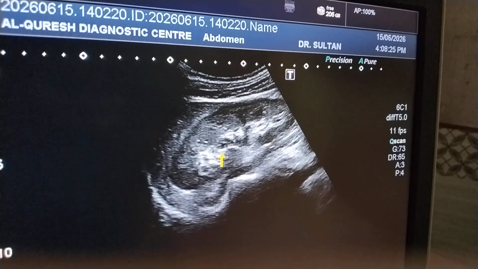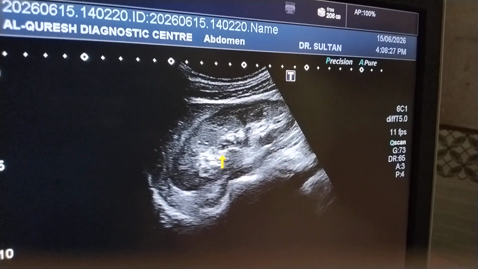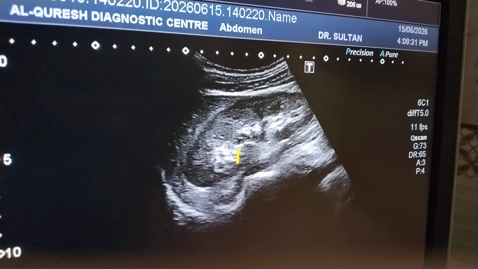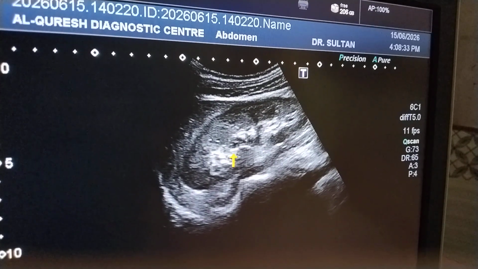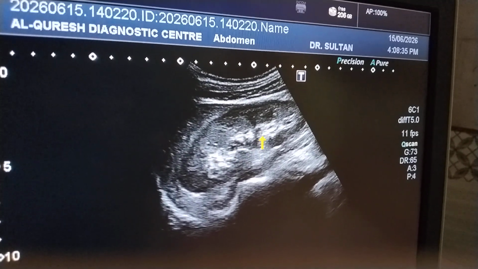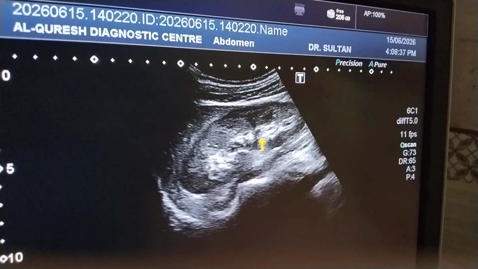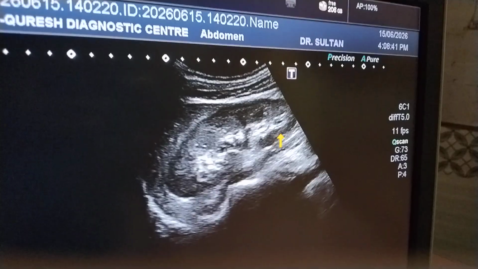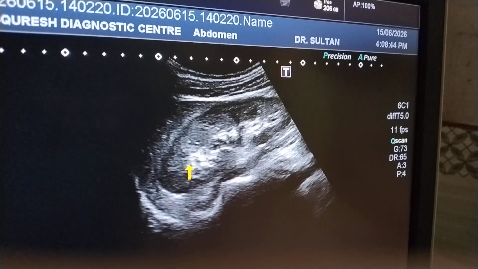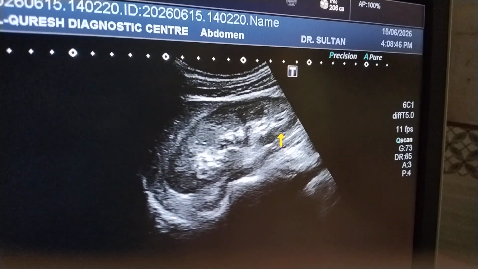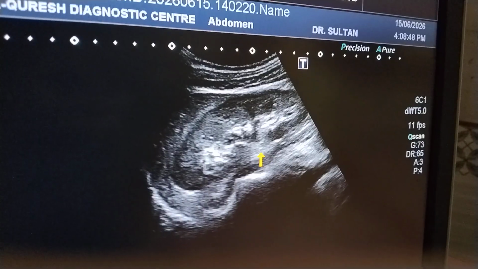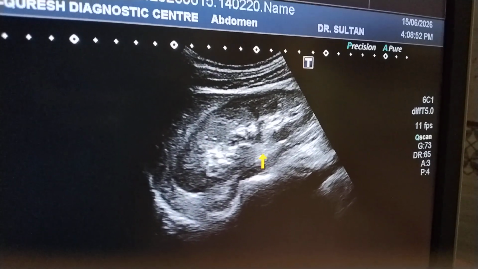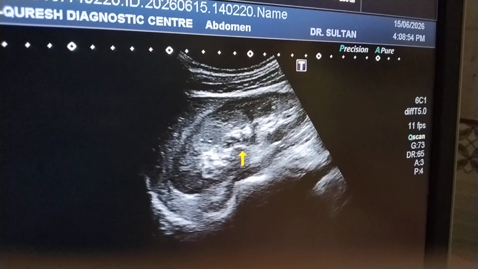So when mild overhydration is there, when the patient is more hydrated and prominence has come in the calyces, some urine has collected, then we can appreciate the collecting system, upper, mid, and lower pole calyces, and also the renal pelvis. Otherwise, if they are compressed, we cannot appreciate them in the normal kidney.